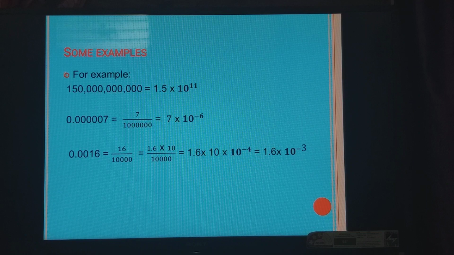Here we see how many zeros there are: 1, 2, 3, 4, 5, 6, 7, 8, 9, 10. So many zeros. We can express this as 1.5 into 10 raised to the power 11. Likewise, 0.000007 we can express as 7 into 10 raised to the power negative 6.